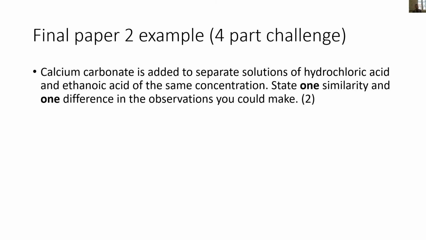Final paper 2 example. It's a 4-part challenge. So if you want, take a minute, pause, cry a little bit, get some coffee, come back, and then go at it again. All right, so calcium carbonate, CaCO3.